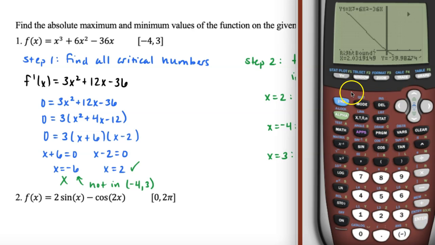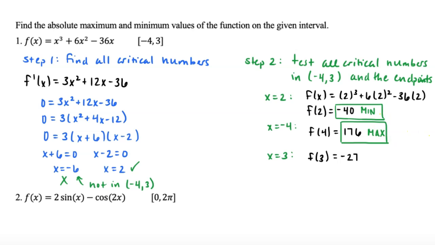Let's trace that value, negative 4. Yes, right up here, that's my max on the interval. So I can just confirm that graphically as well. So while you can use your calculator for this evaluation at each of these x values, just make sure that by hand you show how we found those critical numbers.